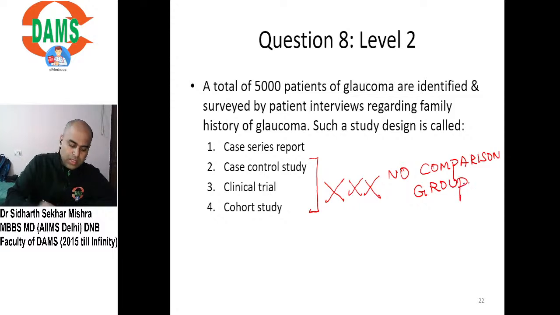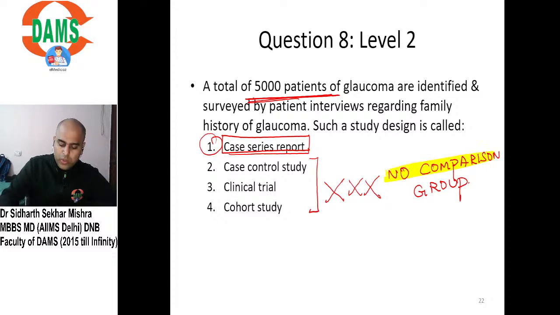So your answer will be 1, case series report. Yes, look, 5,000 patients, there is no comparison group. So the most important point, if you remember, I had told you, whenever you get a question, you should first check whether there is a comparison group or not. I hope I'm clear with this. I hope everyone is clear.